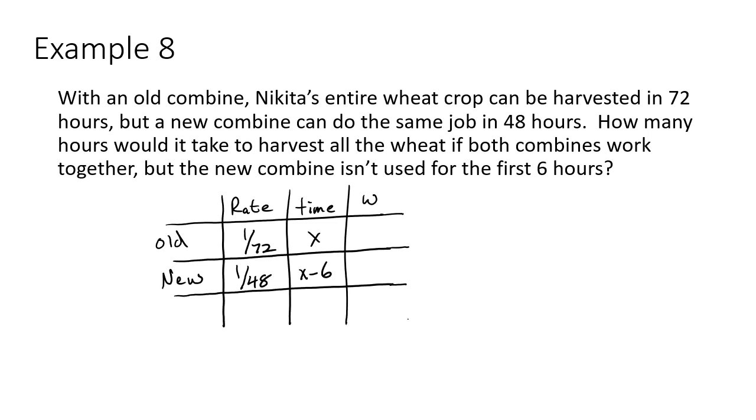Now you could instead flip this, but you would have to be careful if you did. If you called the new combine's time X, then the old one's would be X plus 6 more hours. But if that's the case, this is your final answer for the problem, right? Because it's the total amount of time to complete the job. So we're assuming that we're starting from when the job is started, which is just with the old combine.